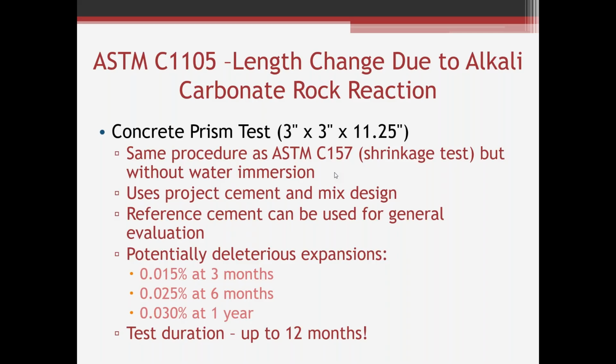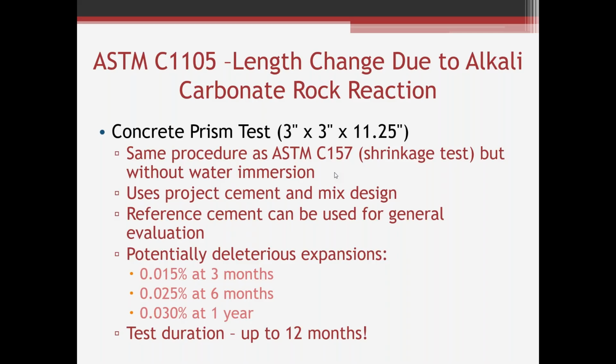You can use reference cement if you're using it for general evaluation and not for a specific mix. And you're looking for expansion. Same thing. You're mixing things up, you cast pins into the sample and then you measure it. We're not soaking it in anything. We're just waiting to see what happens. And then we're taking measurements at 3 months, 6 months, and then even take them out to a year or more.